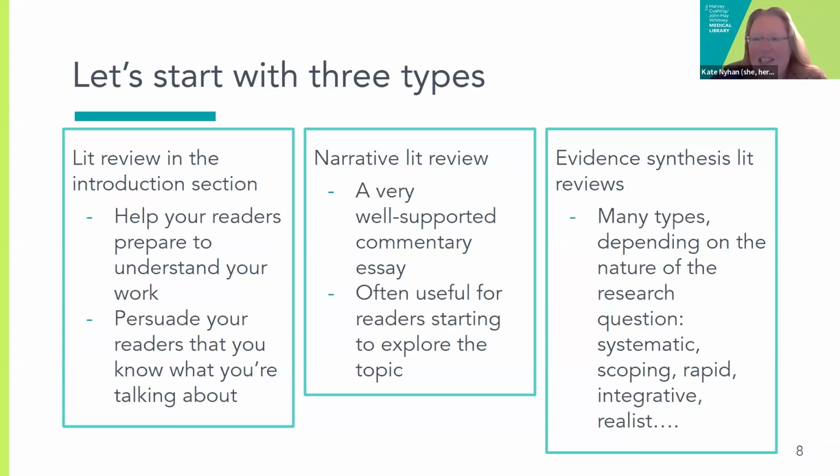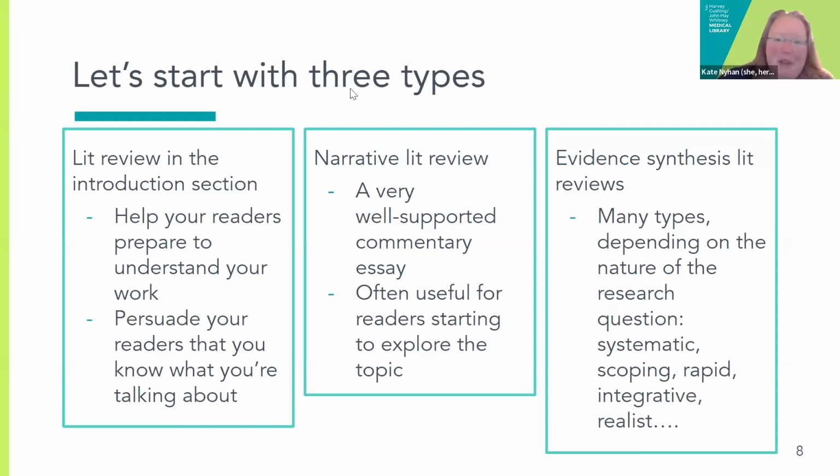Then, on the right, the evidence synthesis literature review category. And this is actually many different types of reviews: systematic reviews, rapid reviews, living systematic reviews, scoping reviews. We could do a whole semester long class on different evidence synthesis methods.